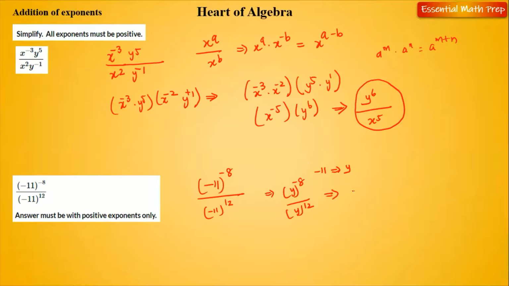So if you bring the denominator, which is the y power 12, to the numerator, it'll become negative. This is same as, again, a power m times a power n equals a power m plus n. So that's y power negative 20. And then you can take the term back to the denominator. So it'll become y power 20.